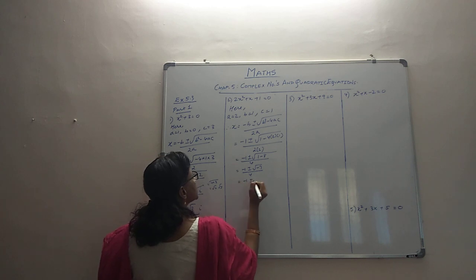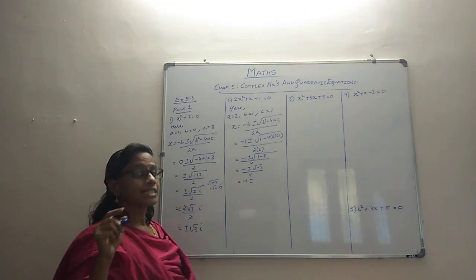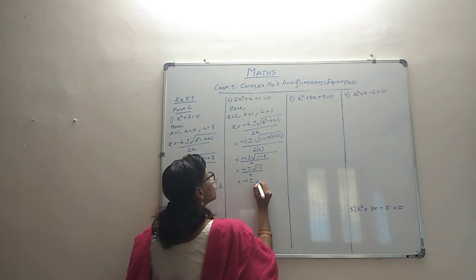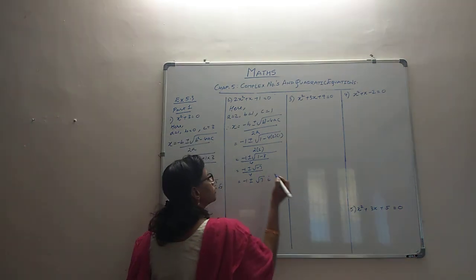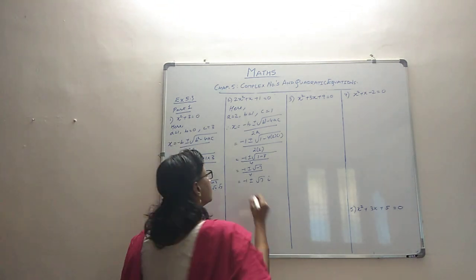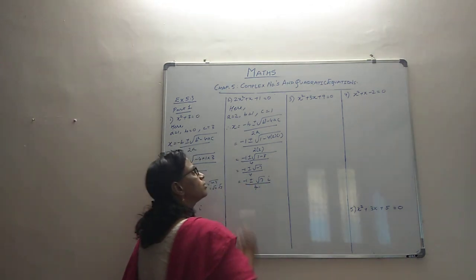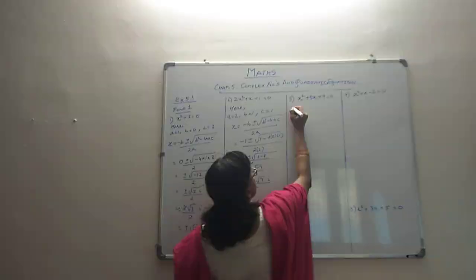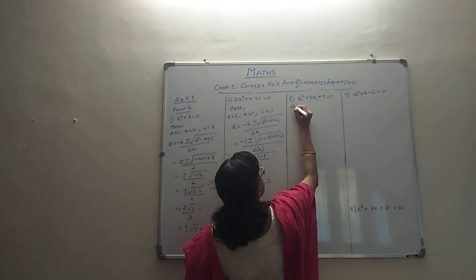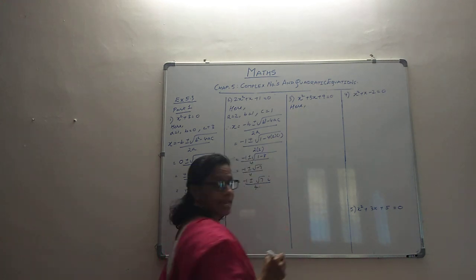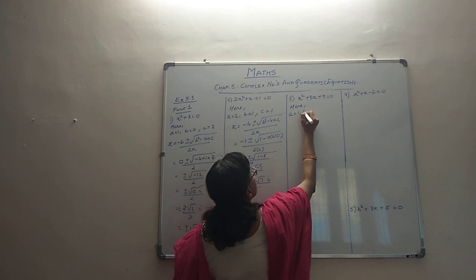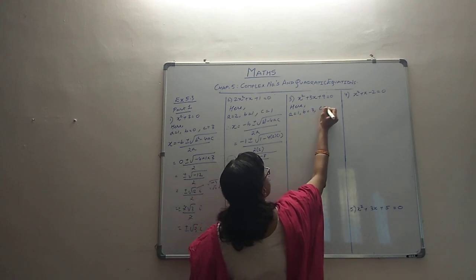Minus 1 plus or minus, now root of minus 7 is root of 7 into minus 1. So you will get root 7 and root of minus 1 we call i, by 4. That's our root. Next we go to the third problem, same way: x² + 3x + 9. Here a is 1, b is 3 and c is 9.